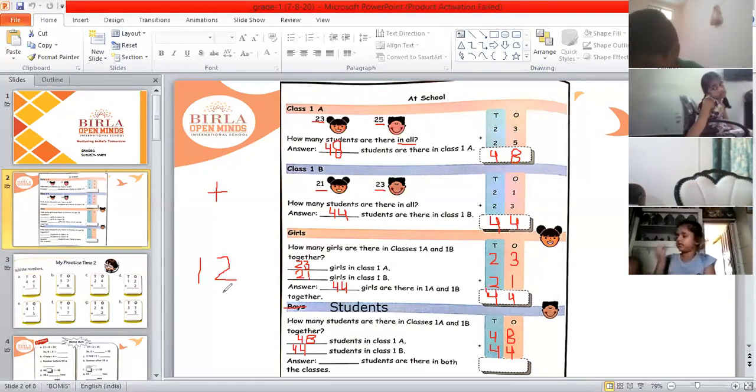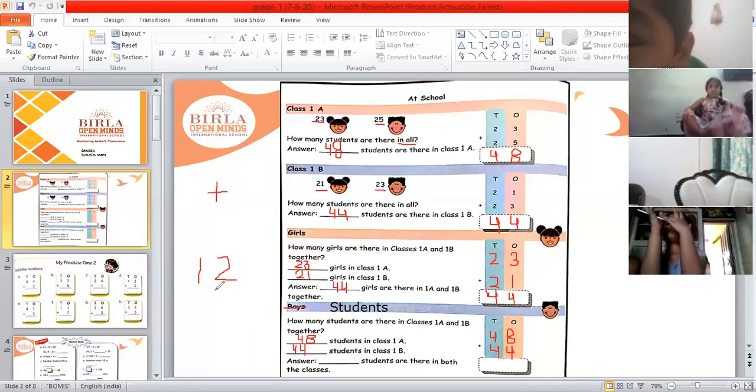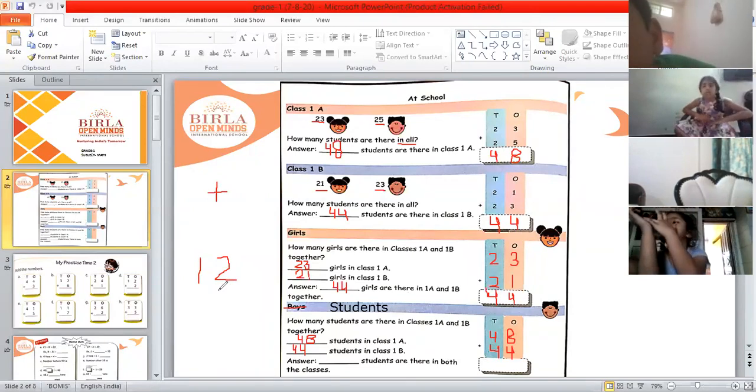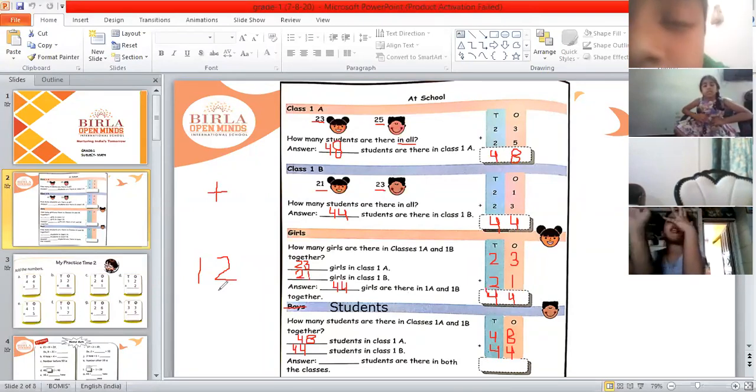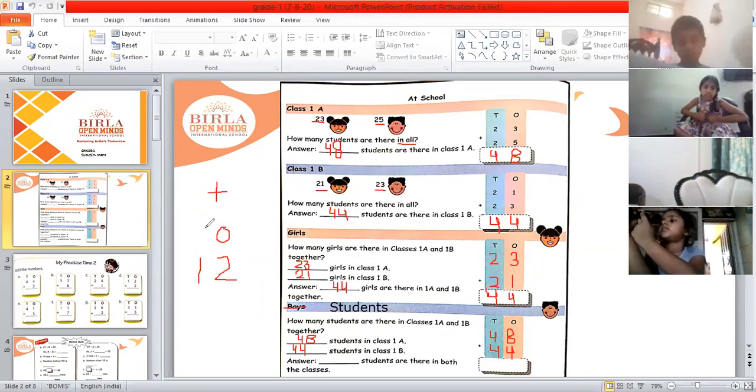Children, please look on your screen. Now you have to see what you have in ones place and what you have in tens place. If you look at the number 12 carefully, this 2 is in ones place and this 1 is in tens place.